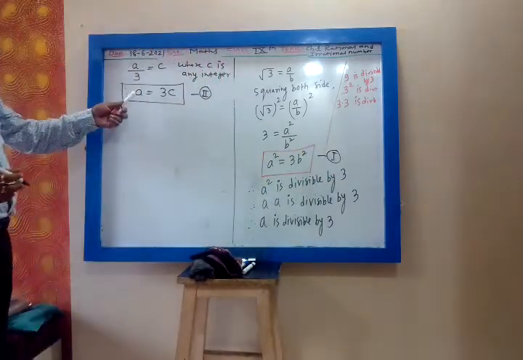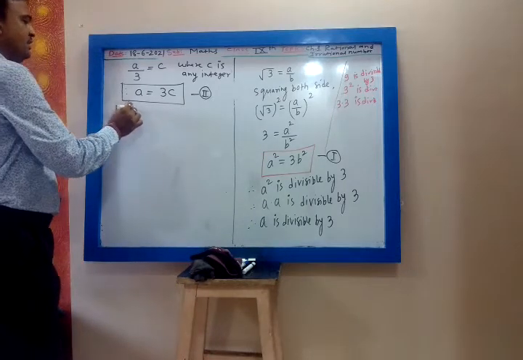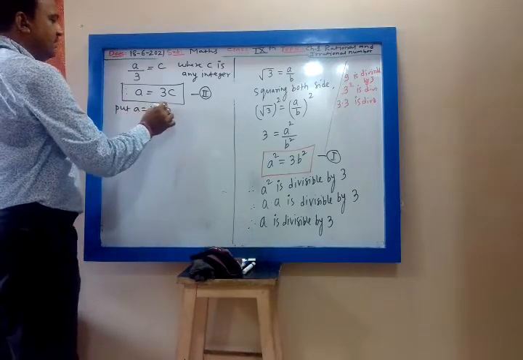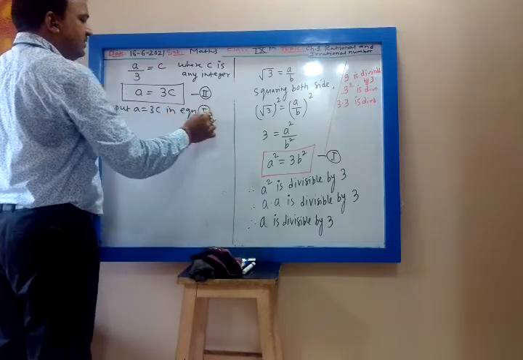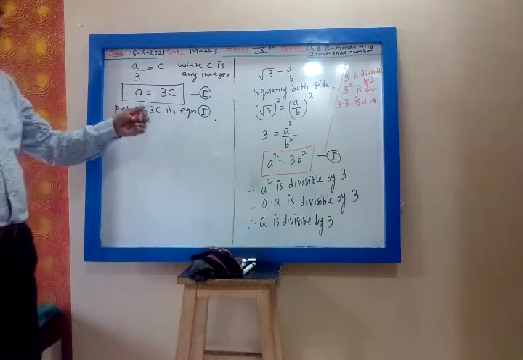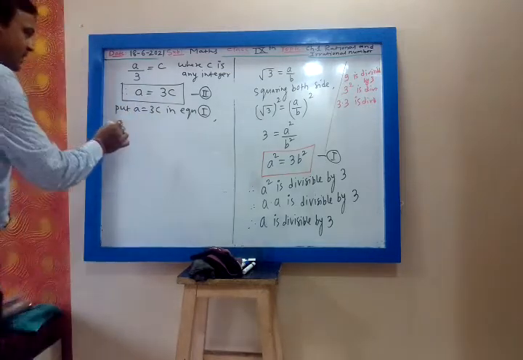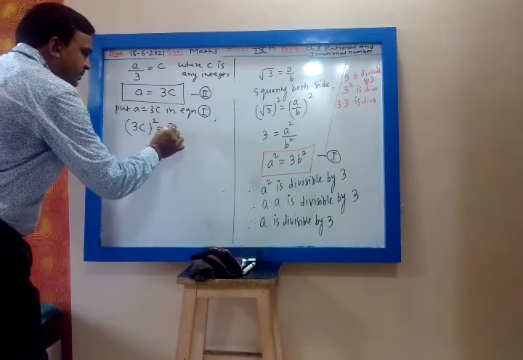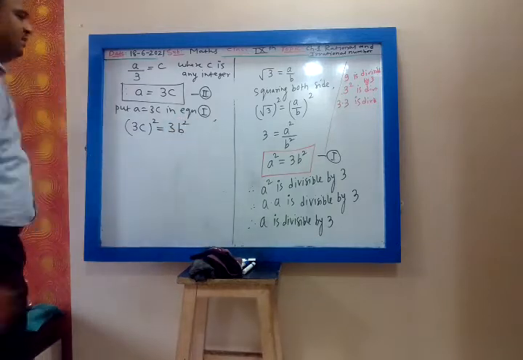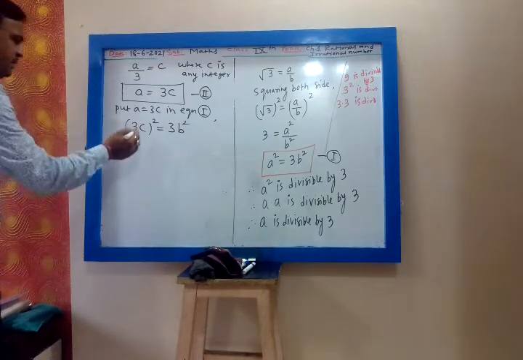Now put the value of A in equation 1. Put A is equal to 3C in equation 1. So you will get 3C square is equal to 3B square. Now simplify this.